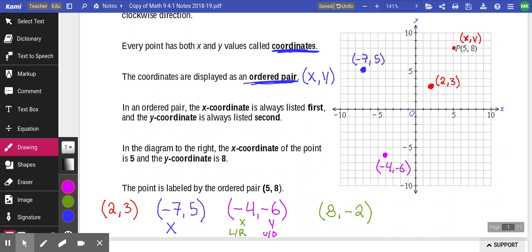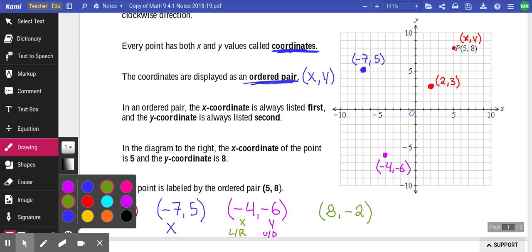The last one, I have 8, -2. First number tells you left or right. Since it's positive, I'm going right. You could cheat and go a little bit faster. You're just trying to find 8 on the number line. You can count it like I've been counting it, or you can realize this is 10, this is 5, and figure out which one's 8. So this is 6, 7, that's 8.